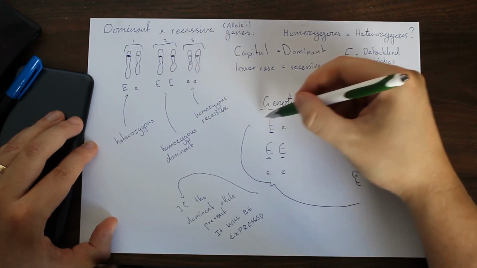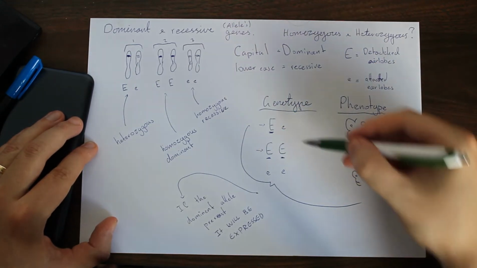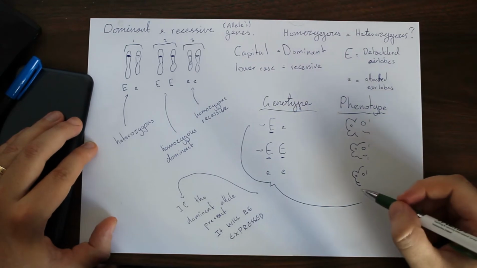So if we have the dominant gene, like we do for our heterozygous or for our homozygous dominant, you will get the dominant gene expressed in the phenotype. So we'll get detached earlobes.